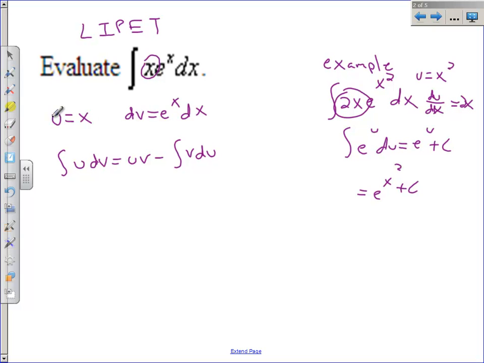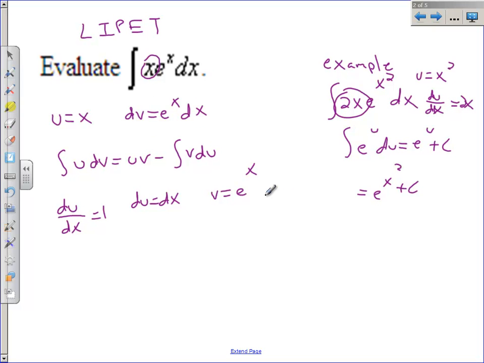I want you to see how this worked out with the u and the dv. We picked something that is pretty easy to find the derivative of. x is very easy to take the derivative of. So to get du, du/dx is 1, so du is simply dx. And the way I'm going to get v is I'm going to integrate both sides for dv. So v is going to equal, well, what's the integral of e to the x? Well, it's just e to the x.